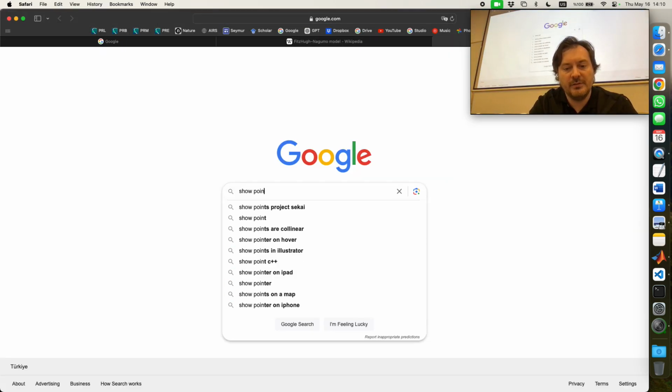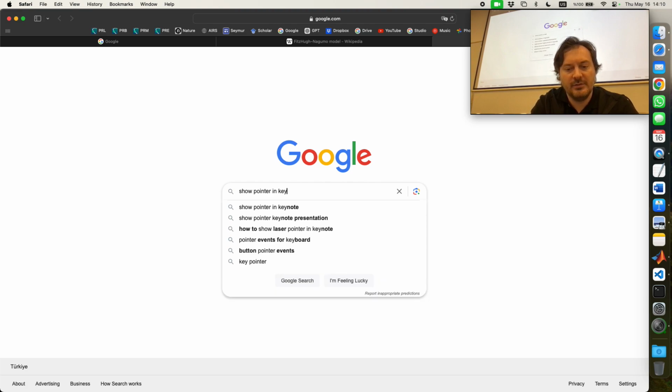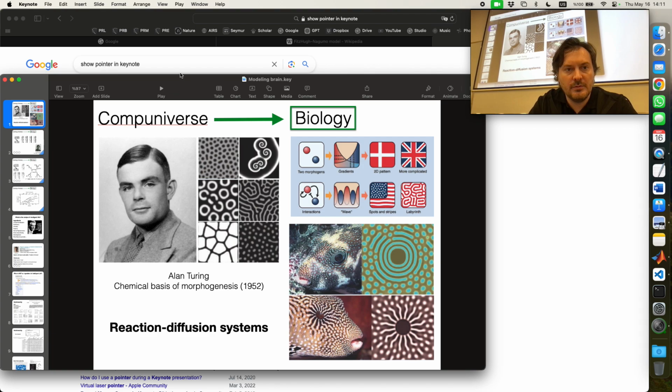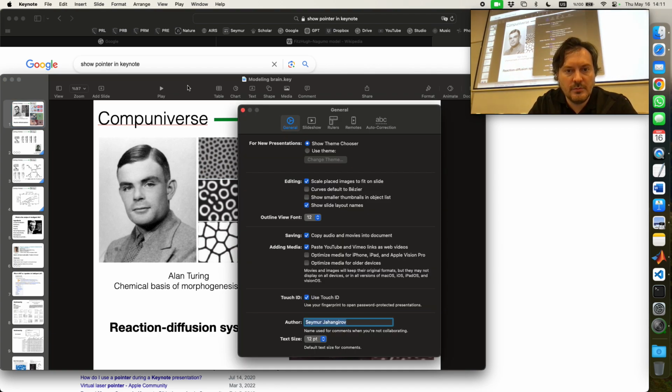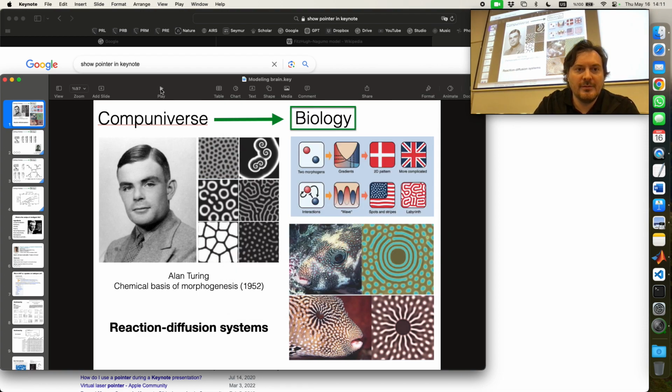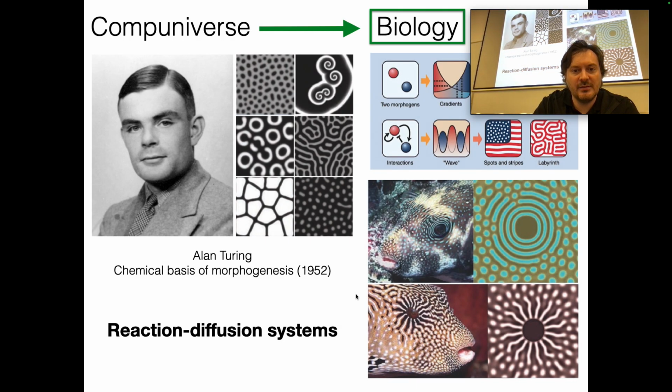Show pointer in Keynote. Settings, slideshow, show settings. Where is it? Second line. Okay, thank you very much. Okay, here it is.